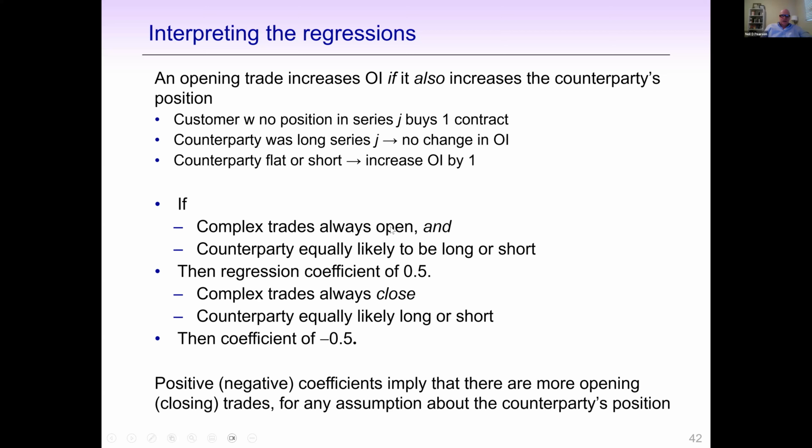The complexity is that the magnitude of the regression coefficient also depends upon the counterparty's position. But regardless of any assumption about the counterparty's position, positive or negative coefficients imply that there are more opening or closing trades. I see a question in the chat.